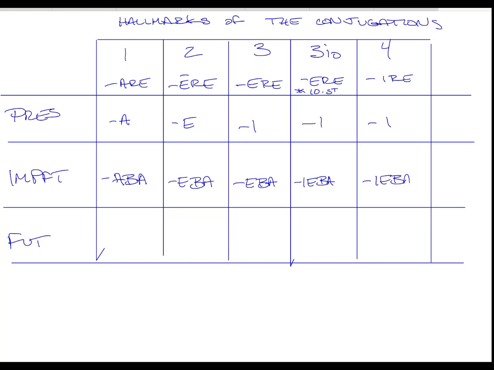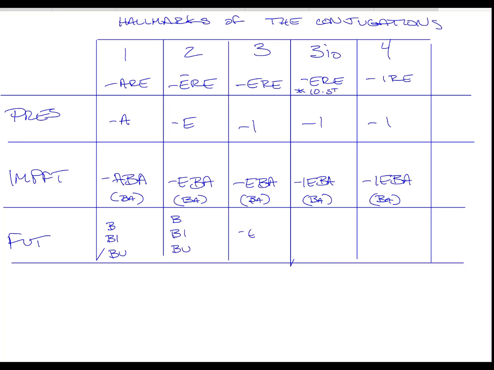Also IEBA. In other words, I would have put BA throughout because that is absolutely true, but I want to take the time to show you the distinction here with the third IO and the fourth. It's an IEBA. And the sign for the future is B, BI, BU for the first and second.